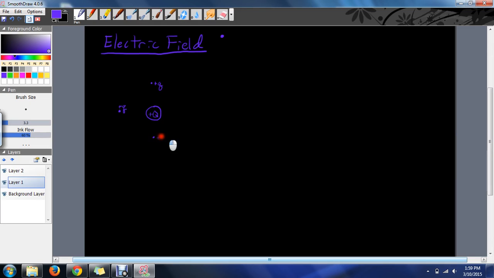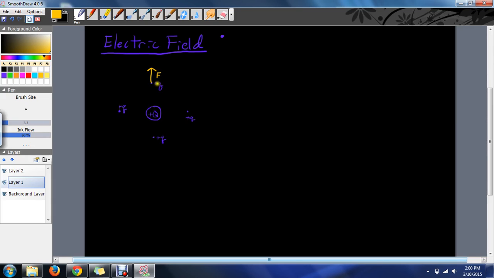So if I, one at a time, look at this charge. Obviously the positive here will repel this, so it'll exert a force that points directly away from this central source charge. So we call this the source, we call these the tests.